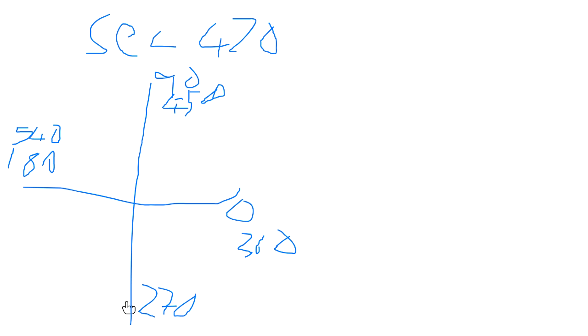0, 90, 180, 270, 360. So 420 is going to be here. Have you seen that? So please, because we have gone a full cycle, now your closest angle will not be 90, will not be 0. It will be 360. Have you seen that? Because we have gone a full cycle and come back here again.